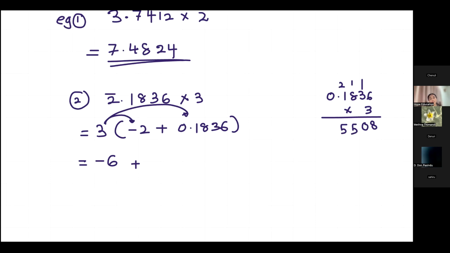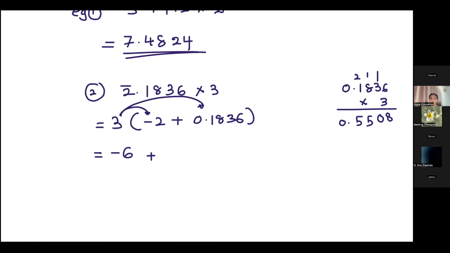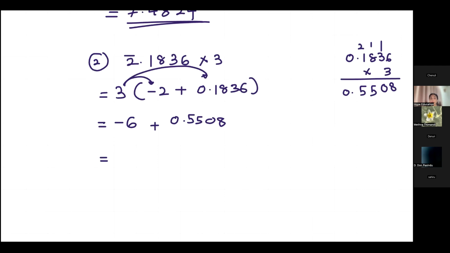So 3 times 0.1836, you get 0.5508. Now we will combine these two and write together. -6 is the characteristic. 0.5508 is the mantissa. When you combine them, you get bar 6.5508. Is this clear? Thumbs up.